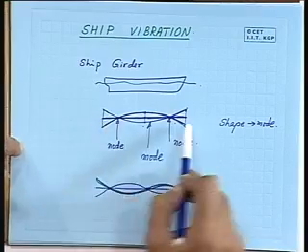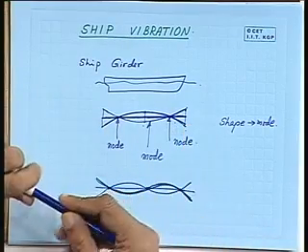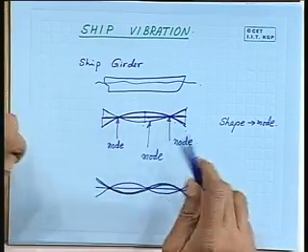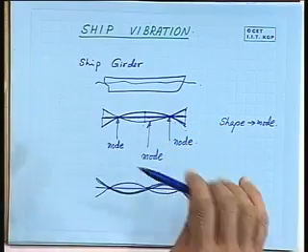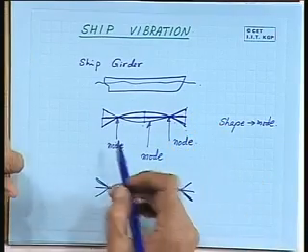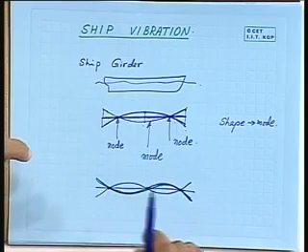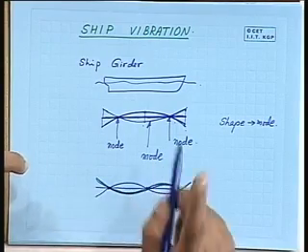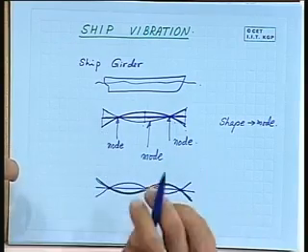But a beam of this type of shape cannot have, in the flexural vibration, when we talk about flexural vibration, when it is bending in the bending mode, a single noded shape, it cannot have. So, the minimum it will have a two noded shape.